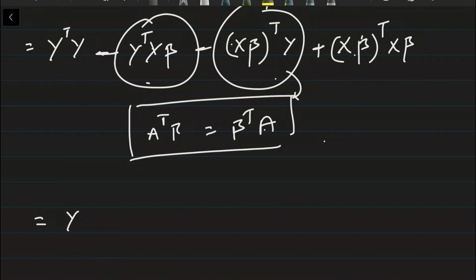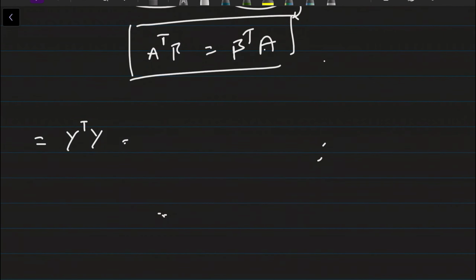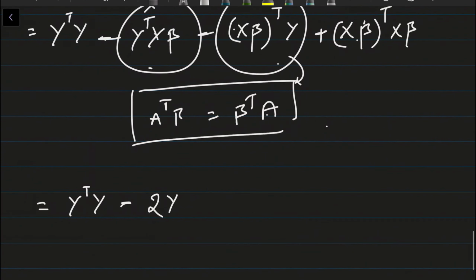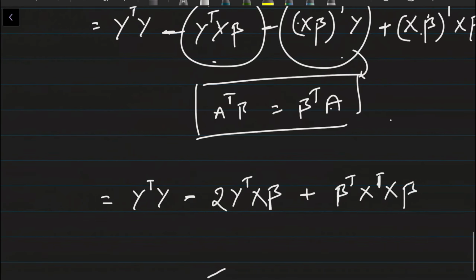So it is represented as Y transpose Y minus 2 Y transpose X beta plus beta transpose X transpose X beta. Okay, so this is E.